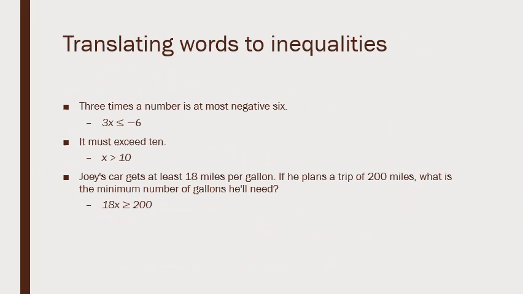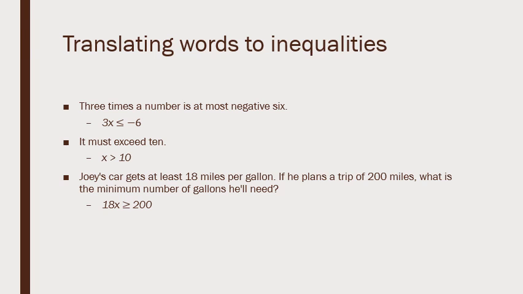Now, we have word problems that are associated with inequalities, and sometimes the wording in them is a little tricky. So here are some examples of ones that you might see. 3 times a number is at most negative 6. So I've written 3 times a number as 3x.